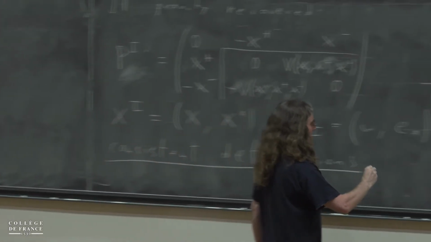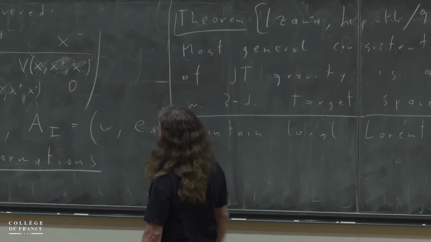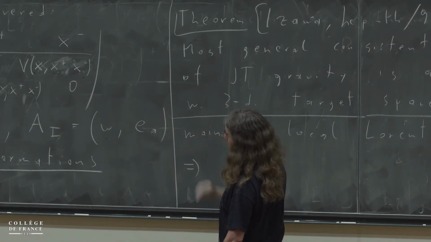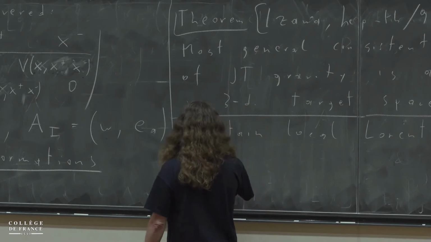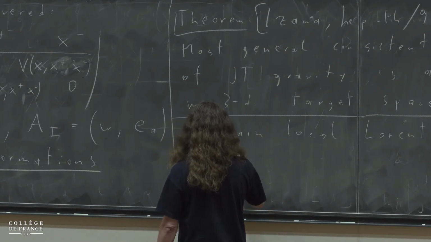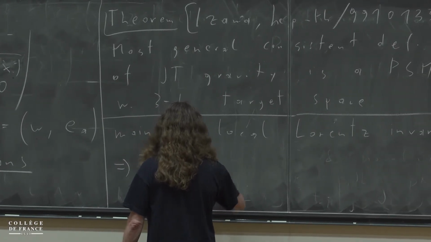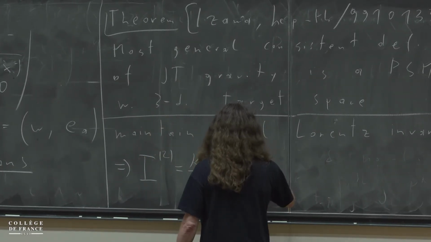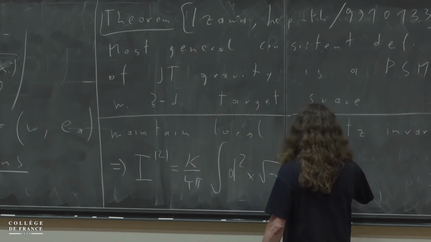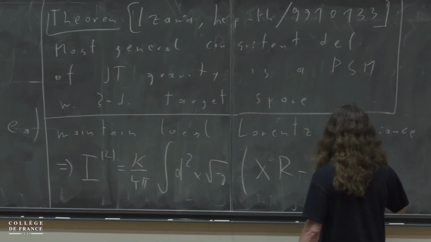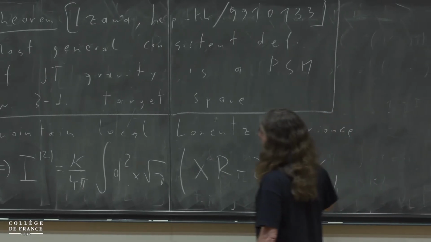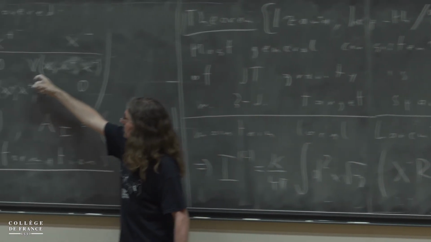So eliminating XA and the spin connection gives you as the most general two-dimensional action in the second order formulation this action here, x times R minus 2V of x, where this V is the same function as this function.